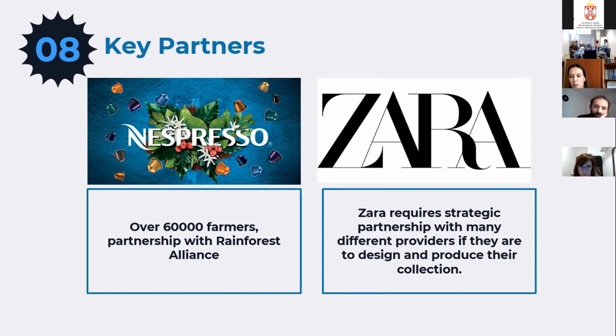And Zara requires strategic partnerships with many different providers if they are to design and produce their collection. So we can see what type of partnership they developed in order to deliver their value proposition to their customers.